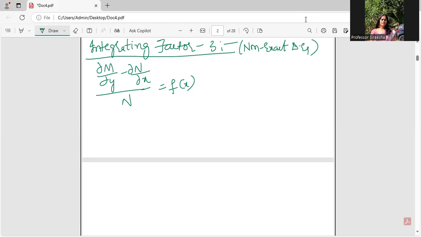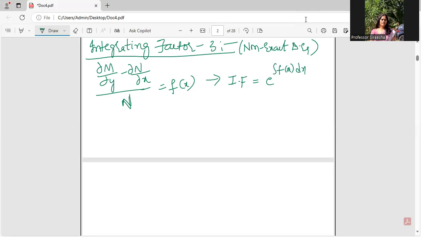Instead of wasting our effort, if we put it in a formula: if you subtract one from the other and, after dividing by N, get a function of a single variable, then the integrating factor can be e to the power integral f(x) dx.